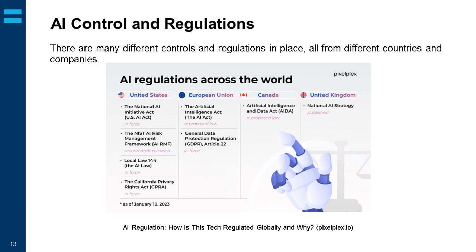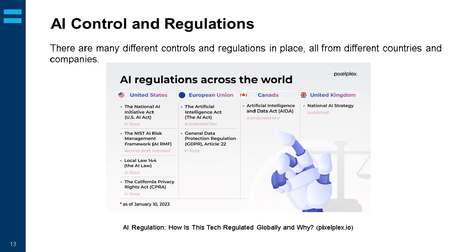So we can see within the US, they've put quite a few things in force. You've got the AI Initiative Act, and the local laws. If we go across to the EU, which I will expand on a little bit more, we have the Artificial Intelligence Act, and obviously we've got the GDPR, that protection of data, which is quite similar to the Privacy Rights Act.